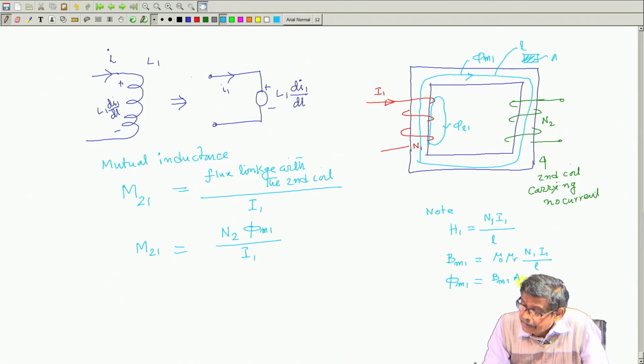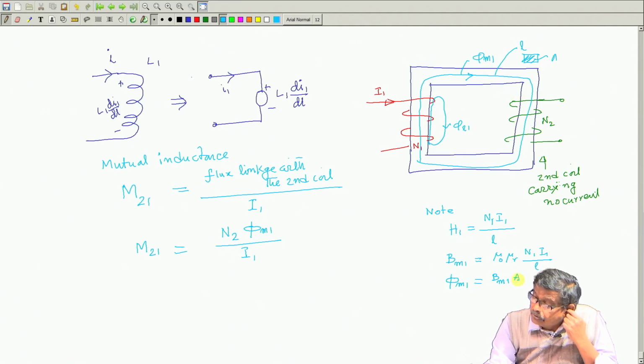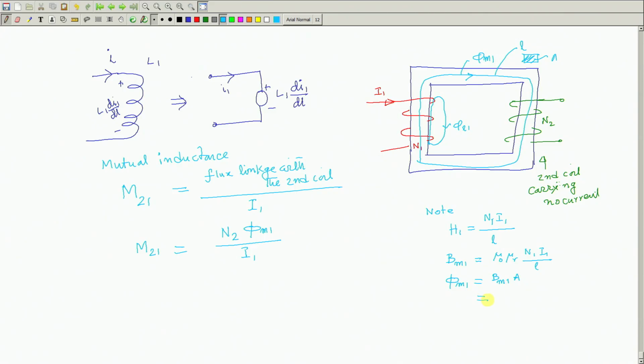So, it will then be equal to mu 0 mu r, substituting the value of Bm1, N1 I1 by L, into area A. This will be the value of the mutual flux.